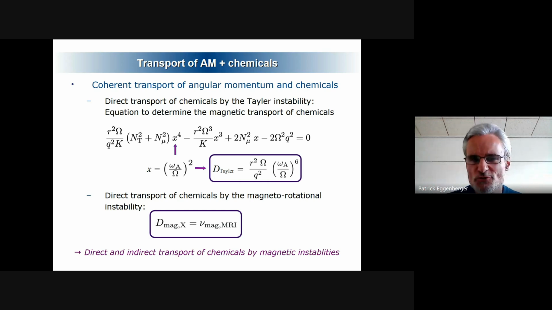And for this, of course, we have to include, within the same theoretical framework that we have seen before, the impact of magnetic field on the transport of chemicals. And there is also the indirect transport of chemicals, because if you change the rotation profile, you will change also the transport by other hydrodynamical instabilities, like the shear instability is decreased, transport by meridional currents are increased, for instance.